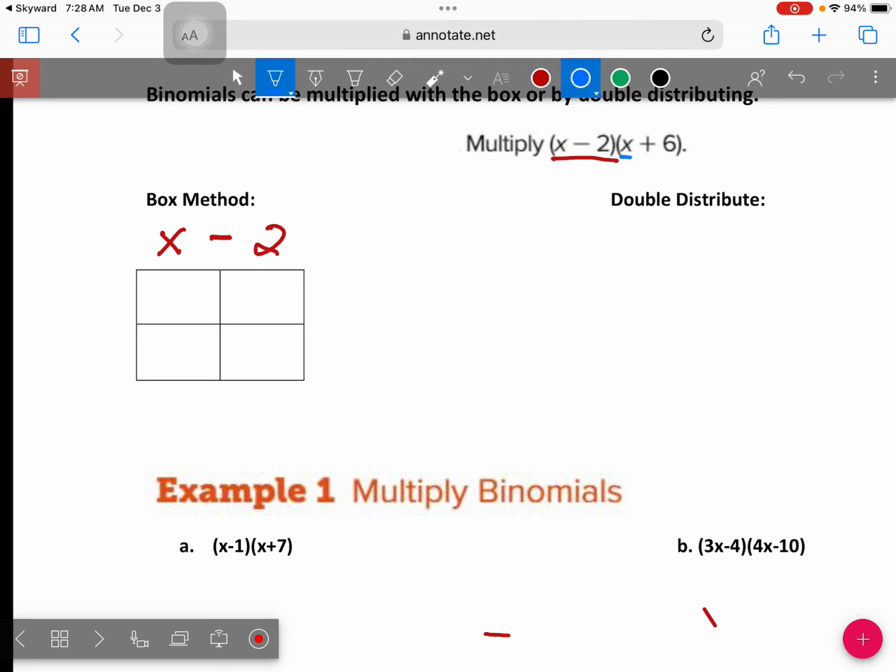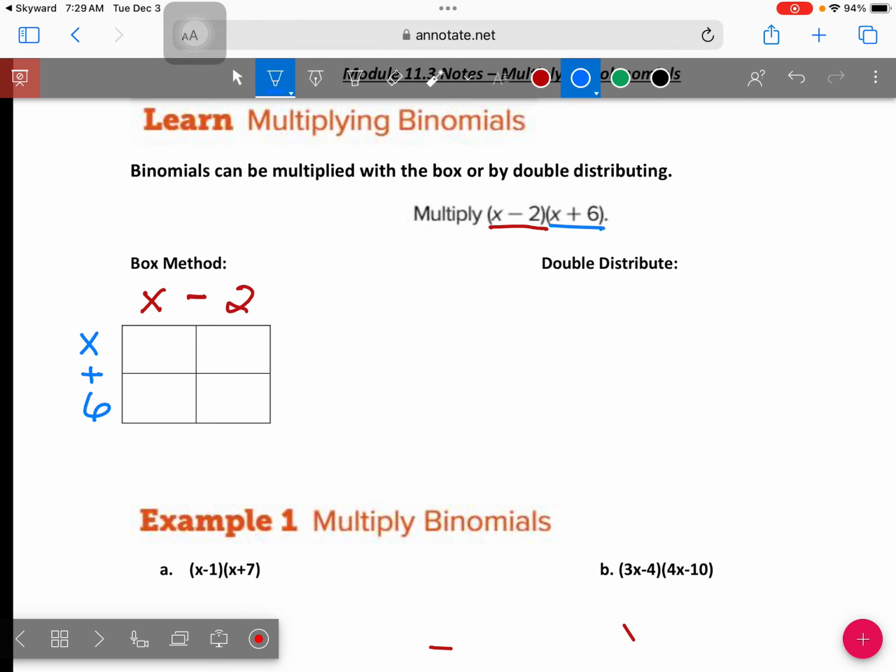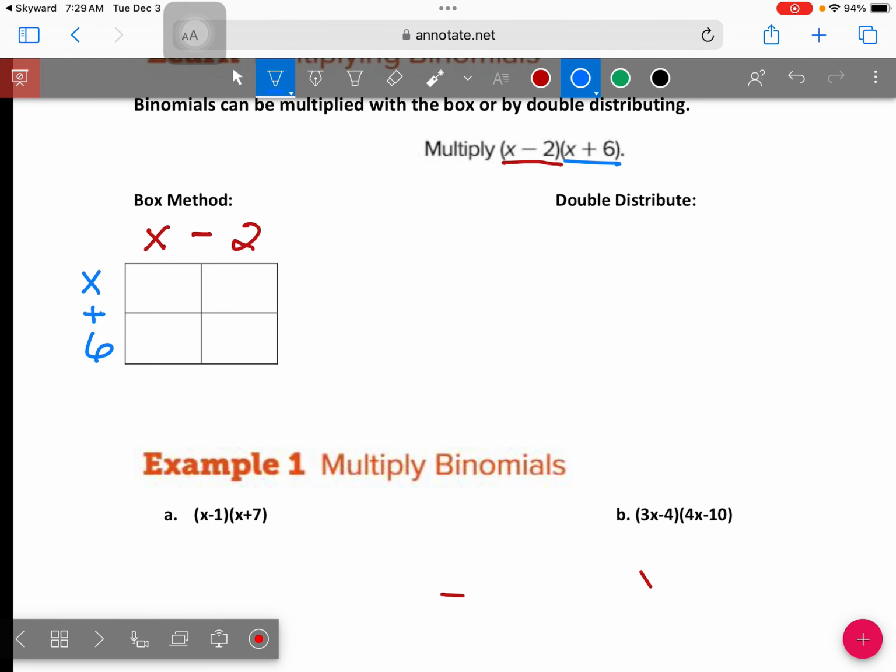And then x plus 6 is going to go here on this side. So x plus 6. But it really doesn't matter which one goes on top and which one goes on the side. Just for us to be consistent, I'm going to do the top one, or the first one on the top.